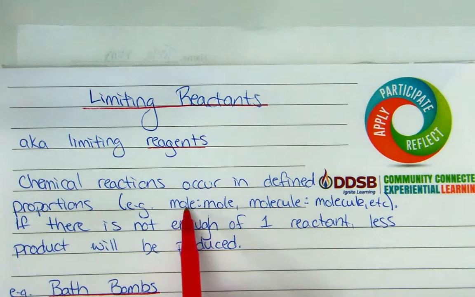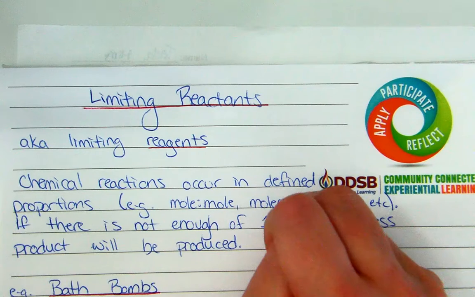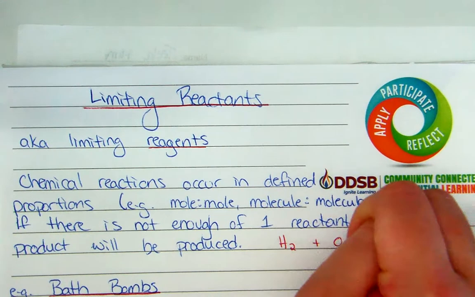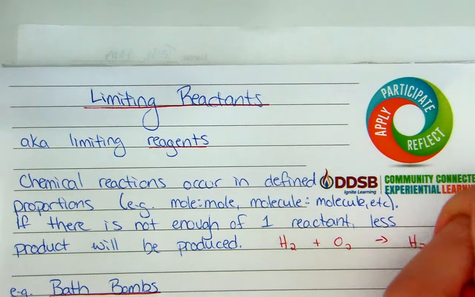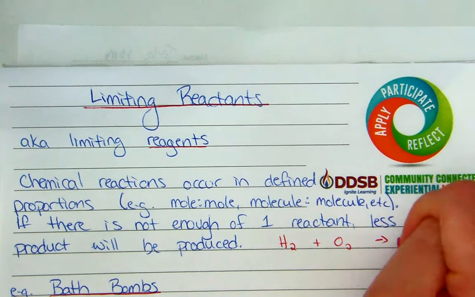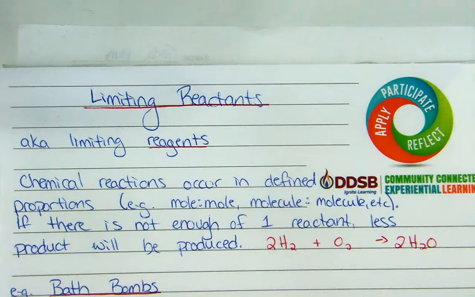We should be very comfortable now with mole to mole ratios, or recognize that, for example, in the reaction of hydrogen gas and oxygen gas that forms water vapor, let me just balance this out right now, we see that 2 moles of hydrogen gas react with 1 mole of oxygen gas to make 2 moles of water vapor. Or 2 molecules of hydrogen gas react with 1 molecule of oxygen gas to form 2 molecules of water.